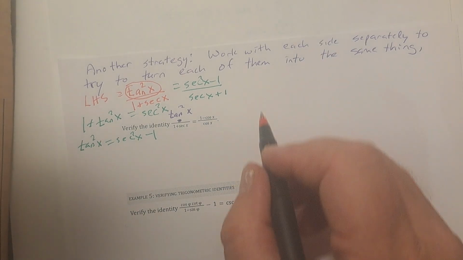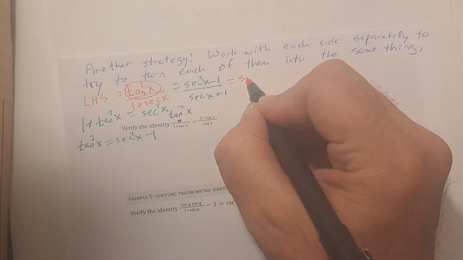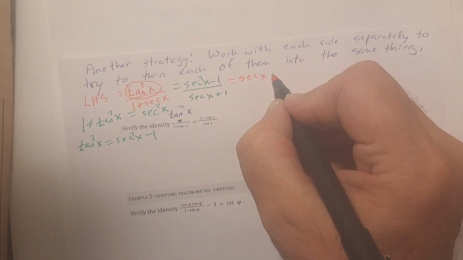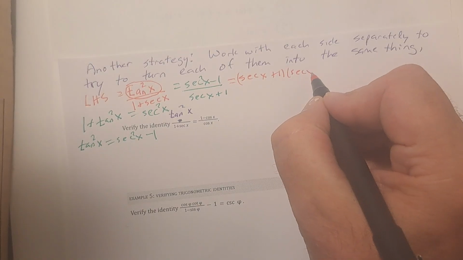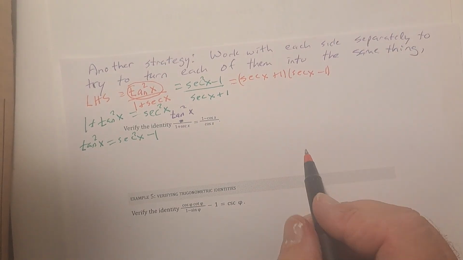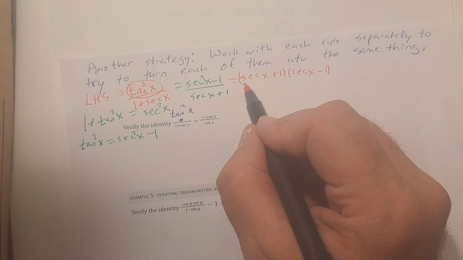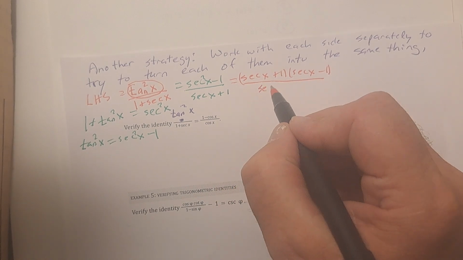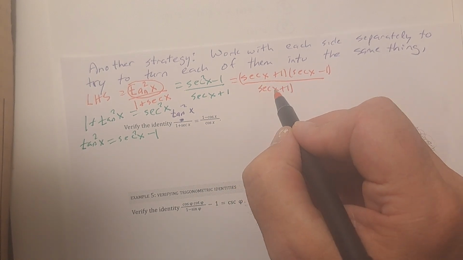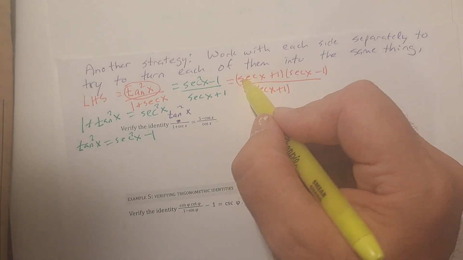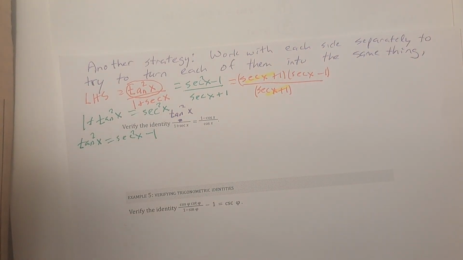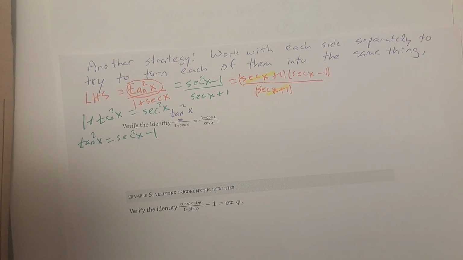It's secant squared minus 1 squared, so that means you could factor this into secant of x plus 1 times secant of x minus 1. And the bottom already was secant of x plus 1. So these guys would knock each other out, and you just get secant of x minus 1.